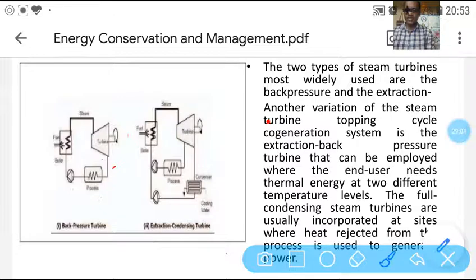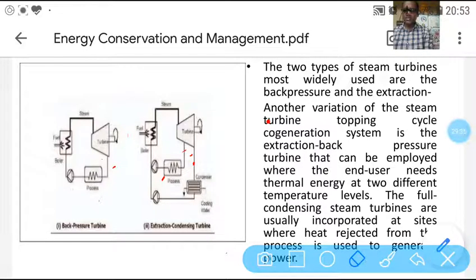In this case, during the expansion of steam in the turbine, a part of the steam is bled out and sent to a process heater, and the remaining steam is expanded conventionally, and a condenser is also there to produce a sufficient amount of electricity.